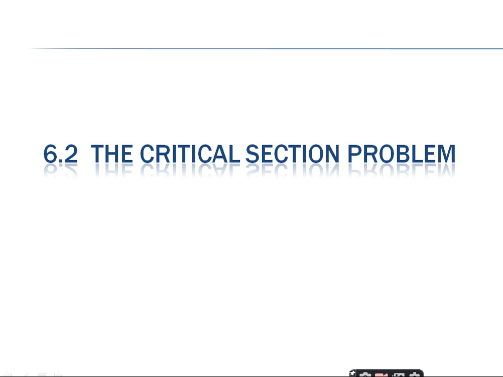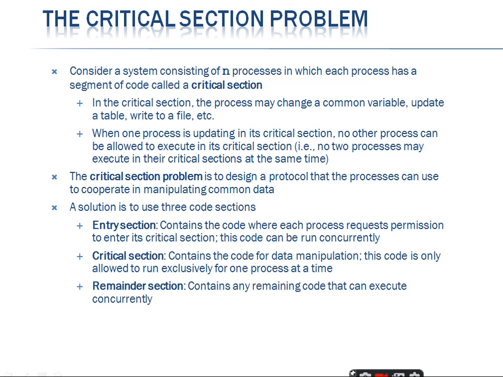Next point of discussion is the critical section problem. Let us assume that the system consists of n processes, in which each process has a segment of code called a critical section.